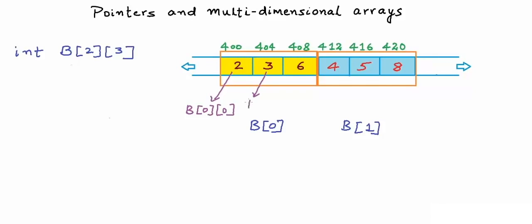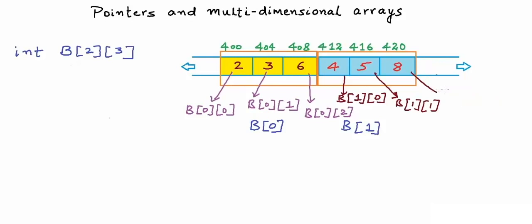The next integer that can be accessed as B0[1], the 1st element of B0, will take the next 4 bytes starting 404, and the next one will be B0[2], the element at index 2 of B0. Similarly we will have 4 bytes for the 0th element of B1, 4 bytes for the 1st element, and 4 bytes for the element at index 2 of B1.